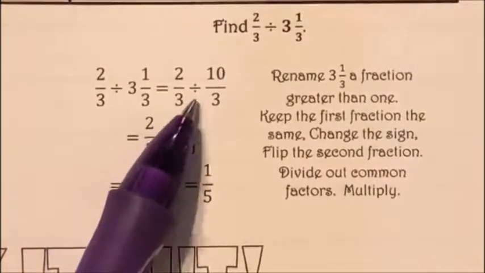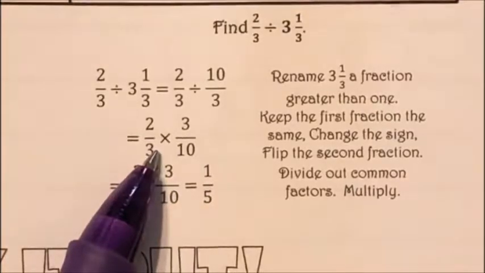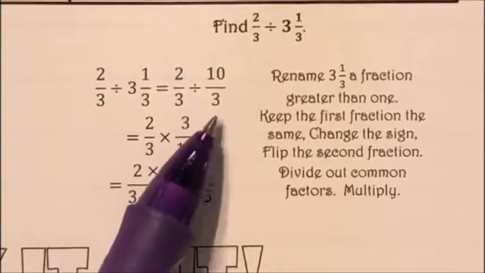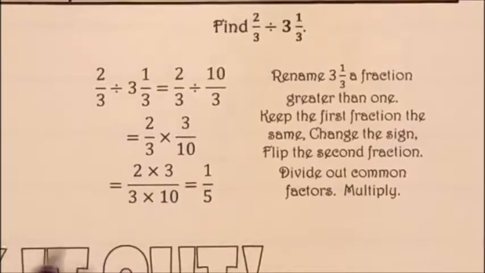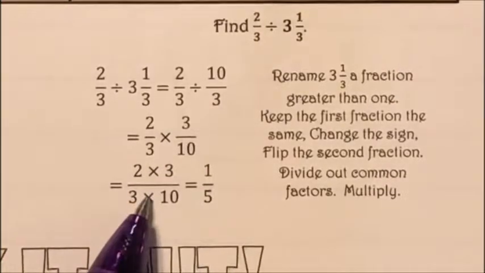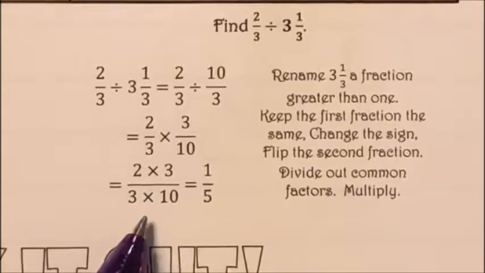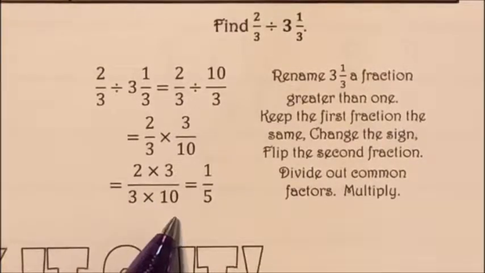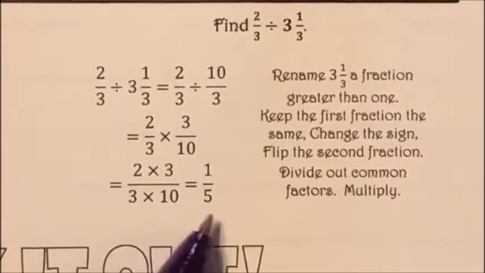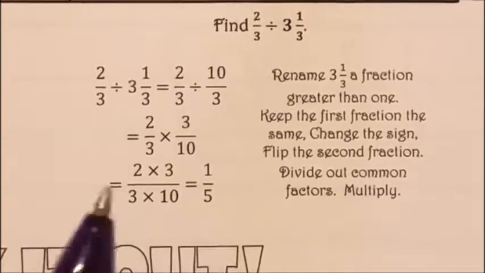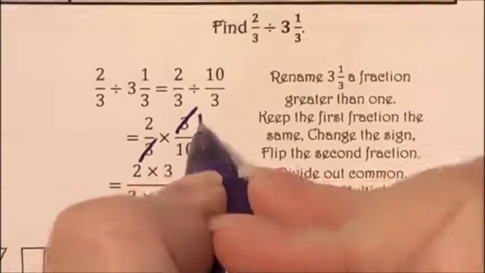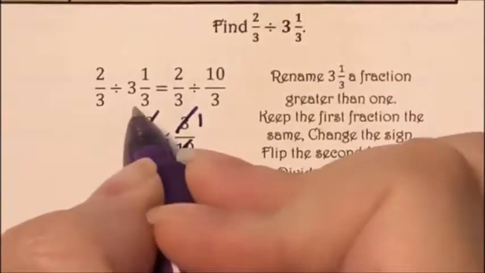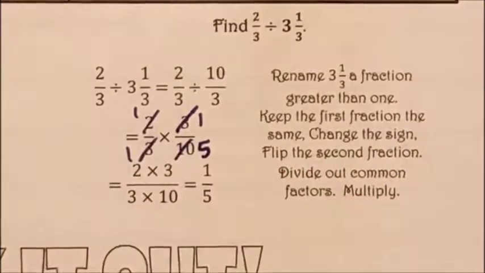Keep my first, change my division to multiplication, flip my second fraction, 10/3 becomes 3/10. 2 times 3 gives me 6. 3 times 10 is 30. And when I simplify, I get 1/5. You can also see that up here: 3 becomes 1, this becomes 1, and this becomes 5.